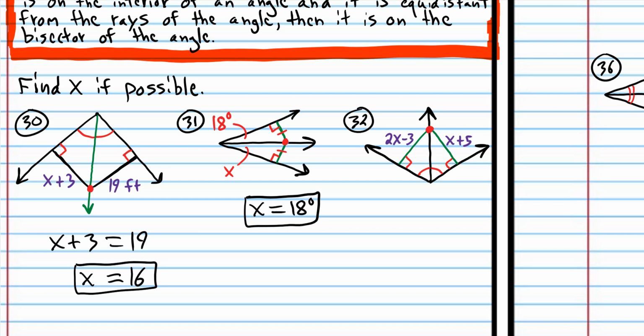So that's the distance between the ray and the point. So we know 2x minus 3 must be equal to x plus 5. Subtract x from both sides. Add 3 to both sides, and x is equal to 8.